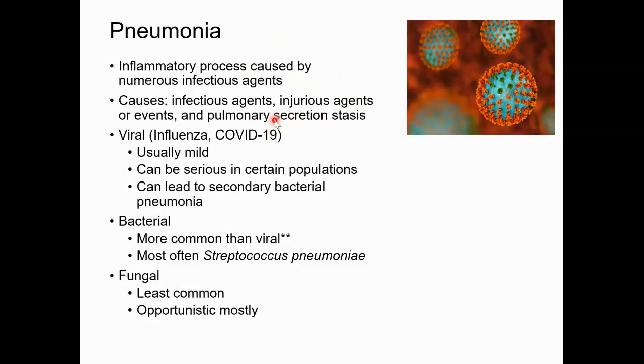Causes: infectious agents, bacteria, viruses; injurious agents or events, vaping, gastric reflux, stomach contents getting into the lungs; pulmonary secretion stasis, meaning that somebody can't cough or can't get their secretions out of their lungs and they sit in their lungs. They are going to be very prone to pneumonia if we can't move those secretions out of their lungs.